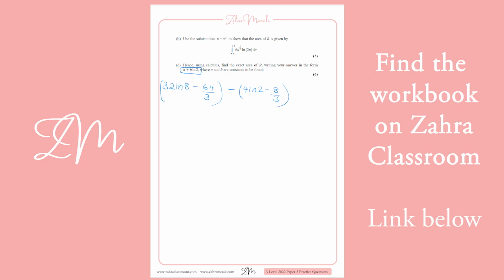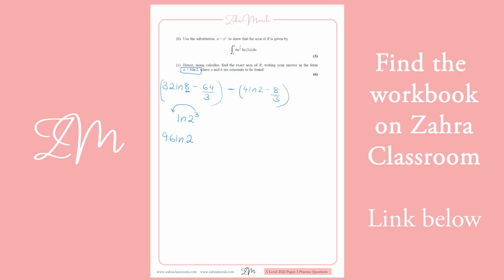And what we want to do is we want to make sure our answer is in that form. If you notice, we've got an ln 8 here, and they just want everything to be ln 2. So remember, 8 is the same as 2 cubed. So we've got 32 ln 2 cubed, and that 3 can come down. So we end up having 32 times 3, so 96 ln 2.